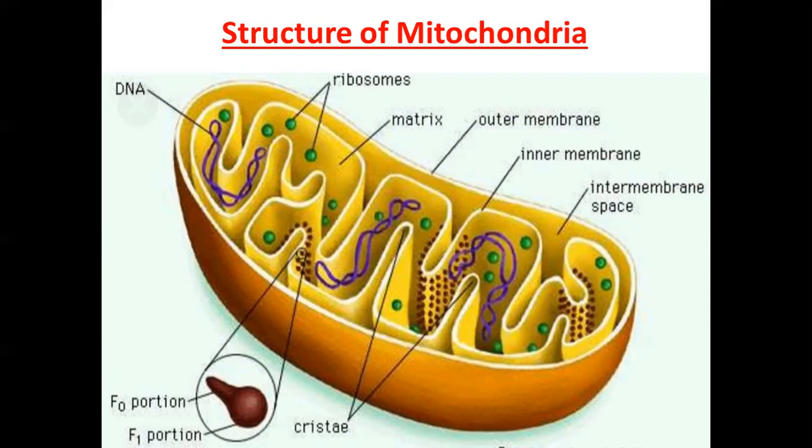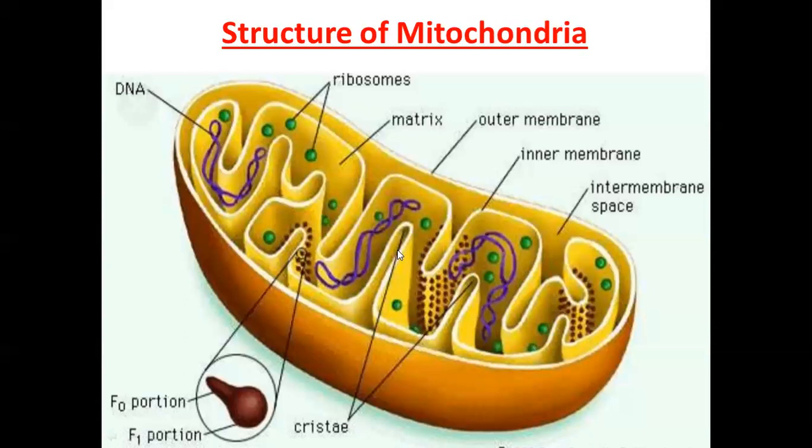After that, the second part, that is the inner membrane. This inner membrane is selectively permeable and is thrown into numerous folds to increase its area several times. The folds are called cristae. You can see in the diagram, these folds are called what? These folds are called cristae.